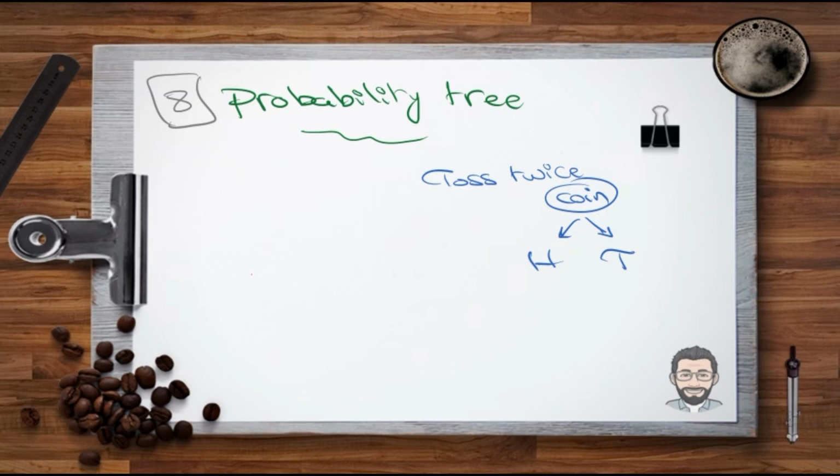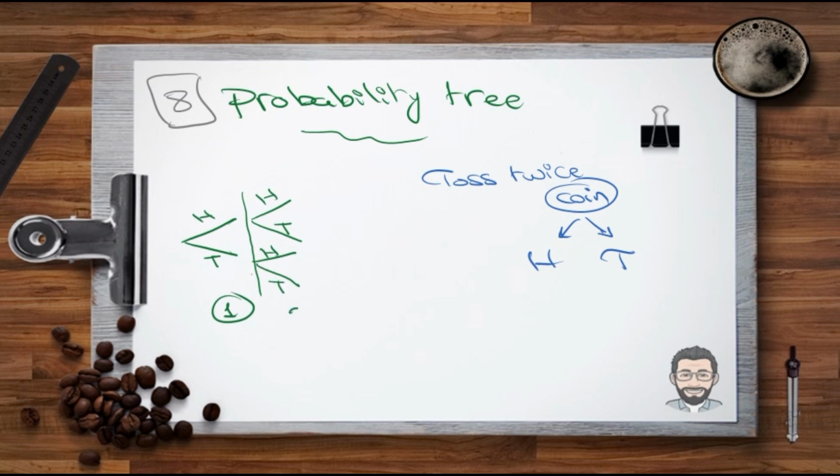Yes, great. The first time, maybe it's going to be head or tail. And the second time, if it was head the first time, maybe it's going to be head too, or tail. Or it was tail first, so the second time is going to be head or tail.